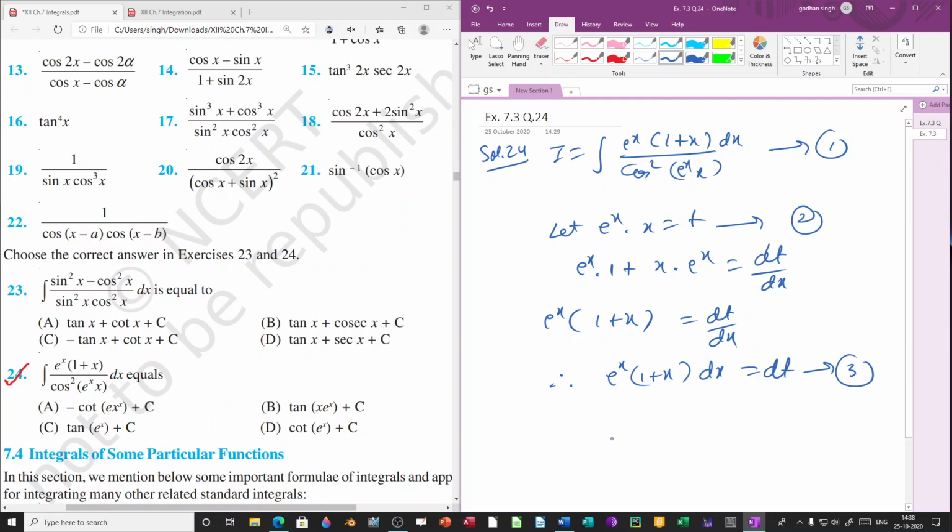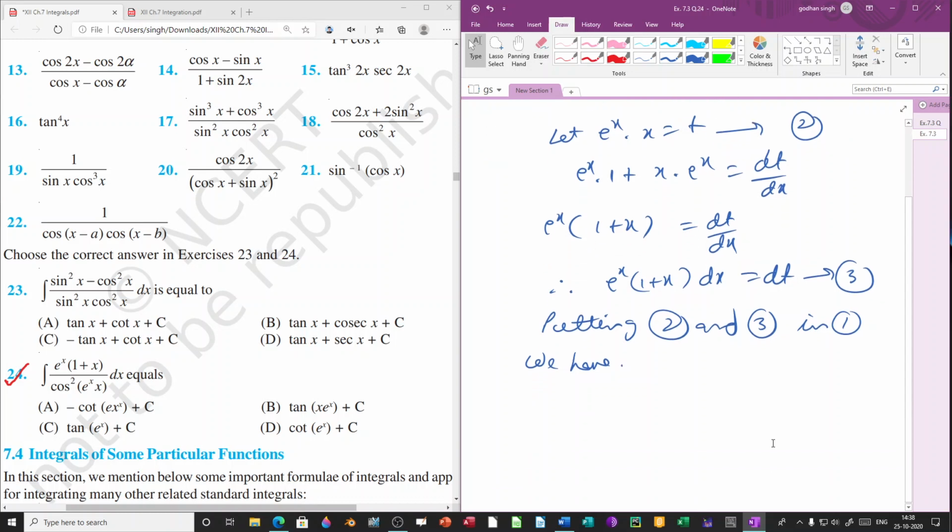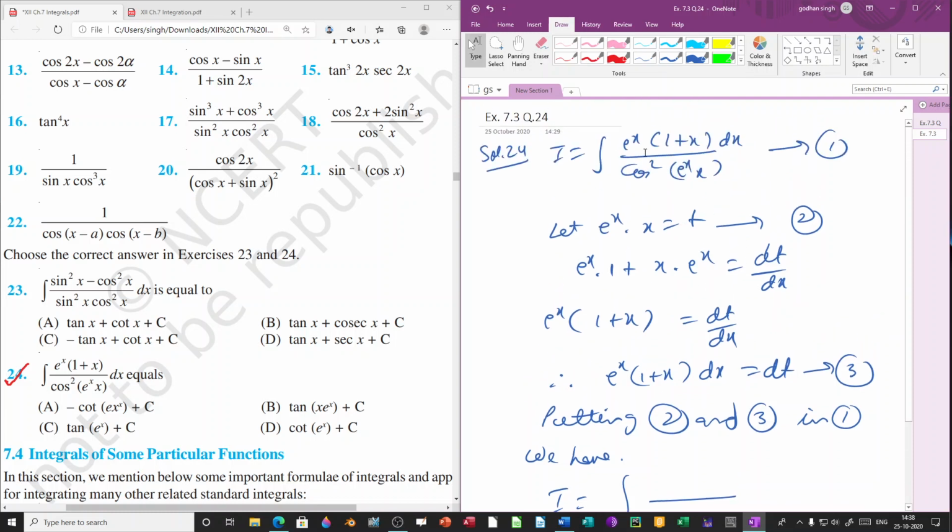So putting 2 and 3 in 1, we have I equal to the integration of, now let us see, e raised to x into 1 plus x dx, that can be replaced with dt.